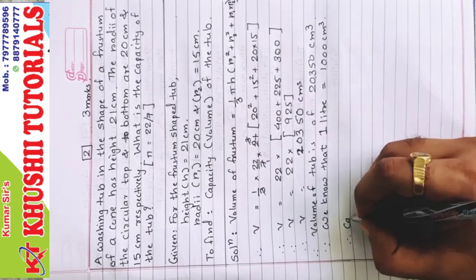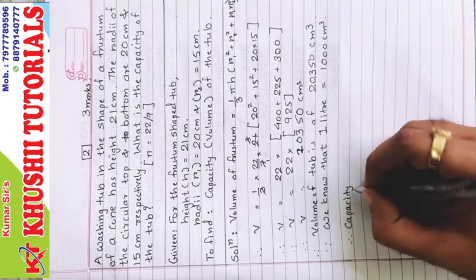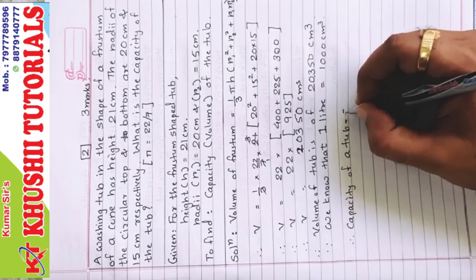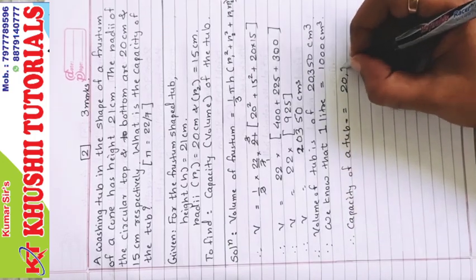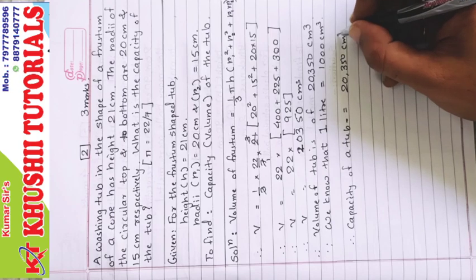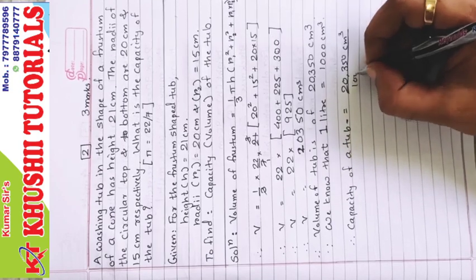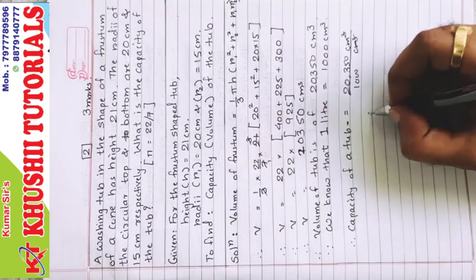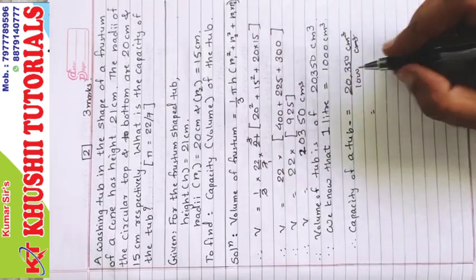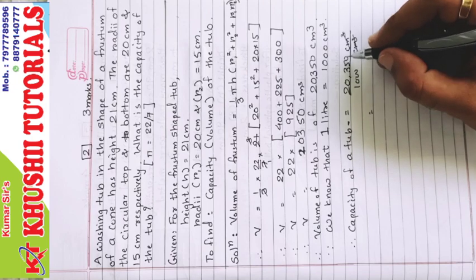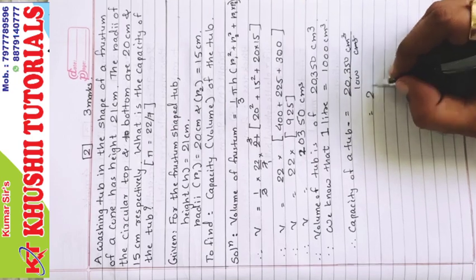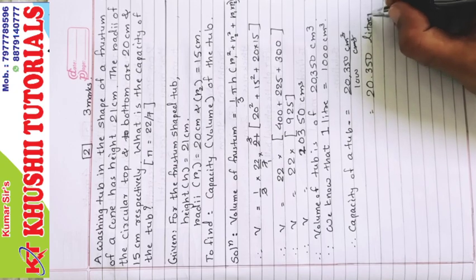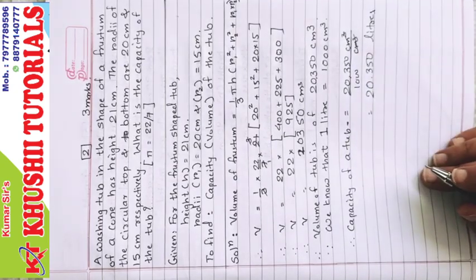Therefore capacity of a tub equal to 20,350 centimeter cube upon 1000 centimeter cube. Centimeter cube will get cancelled, it converted into liters, and after 3 decimal the point will come, so 20.350 liters.